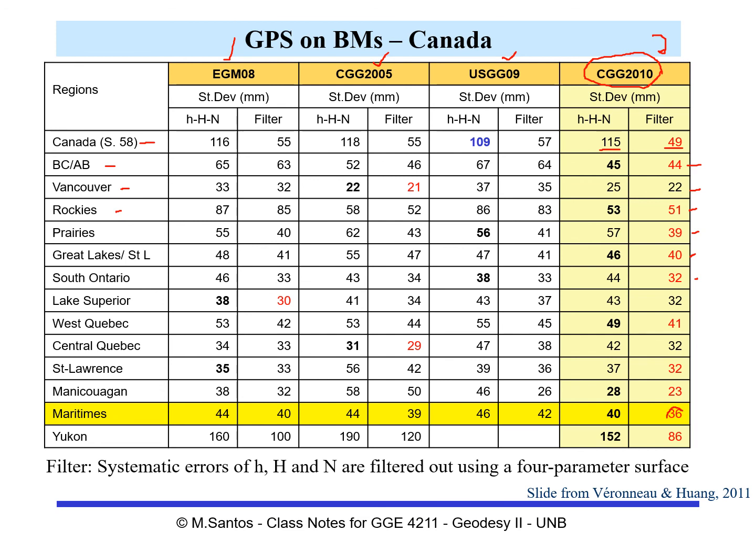And for the Maritimes, that's the number that I use, 3.6 centimeters, give or take 4 centimeters. So we are dealing with a geoid that for the southern part of Canada is at the centimeter level, and if you go north, then we go to the decimeter level.